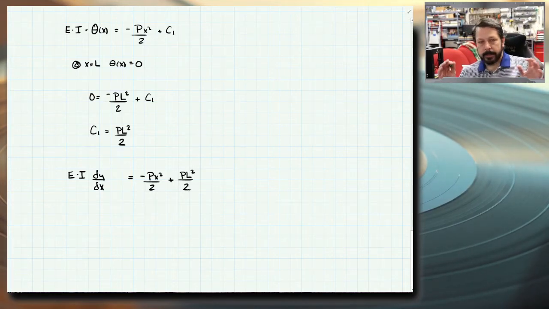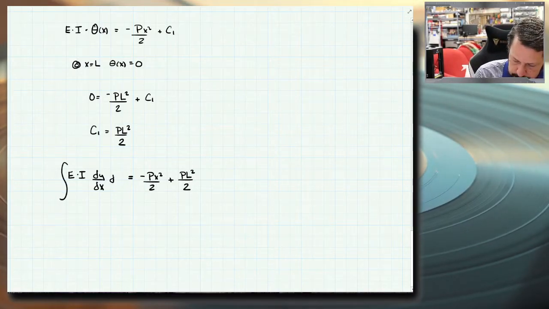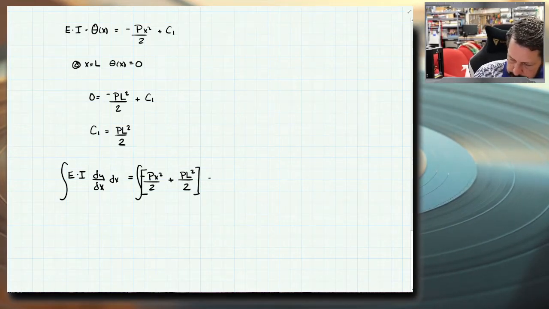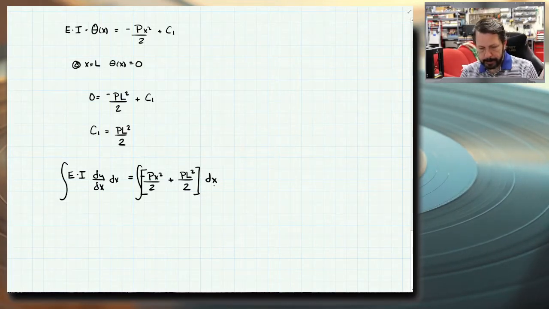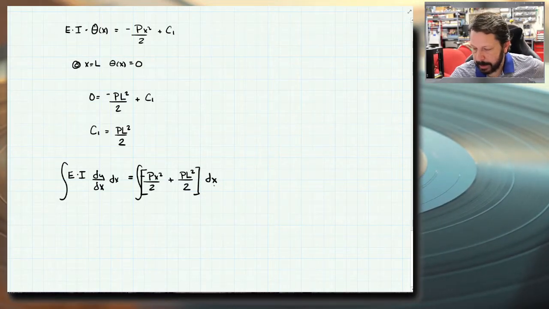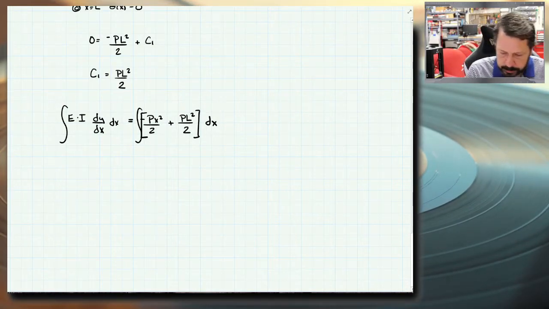And now if I integrate both of these sides, integrate this side dx, integrate this side with these terms combined together, dx. And the left-hand side now is just EI, a constant, so we'll take those out.